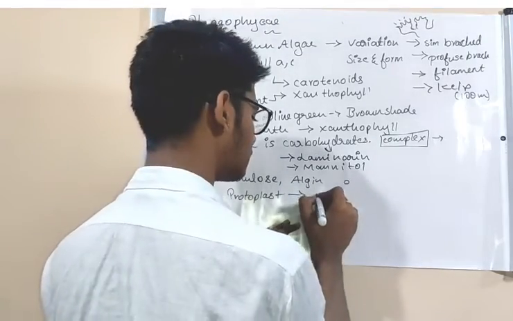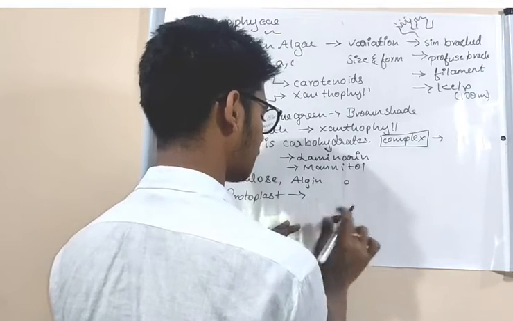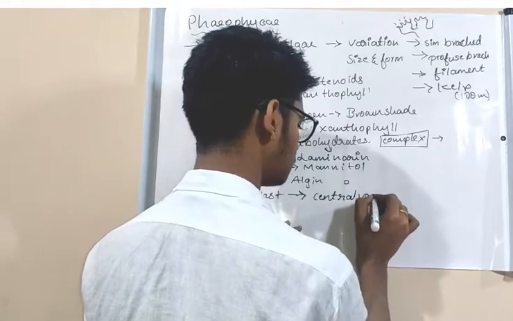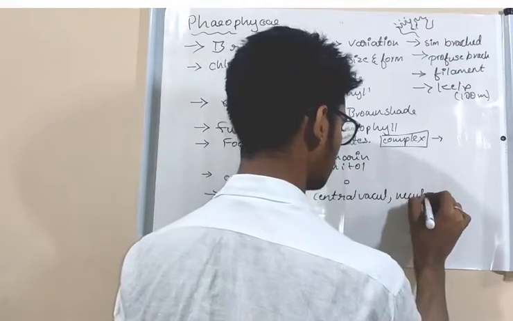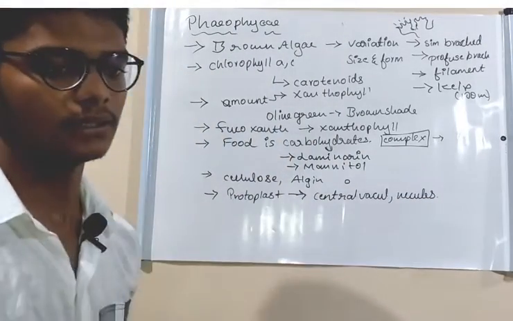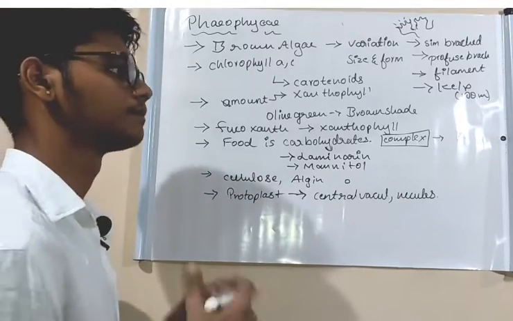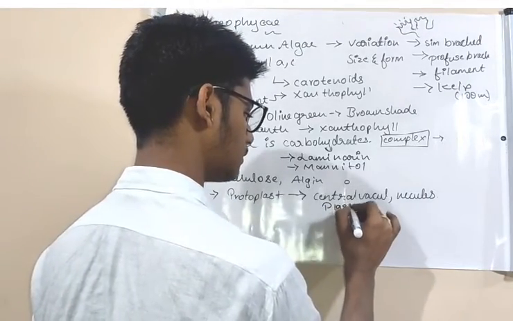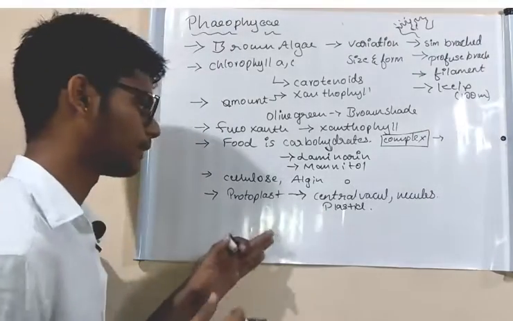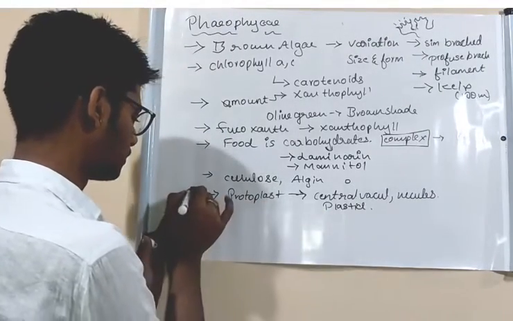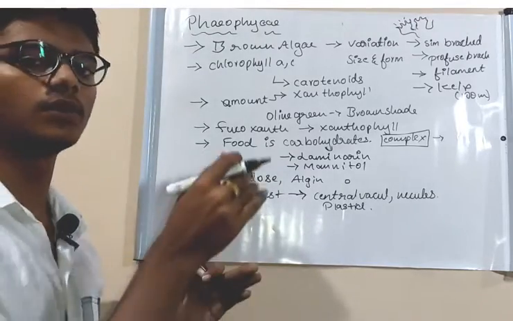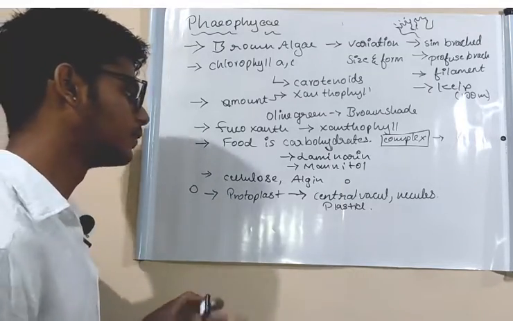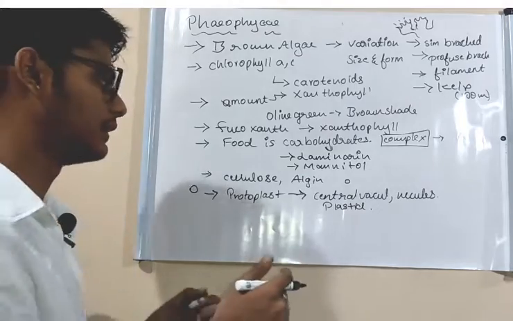The protoplast contains a central vacuole and nucleus, and also plastids.